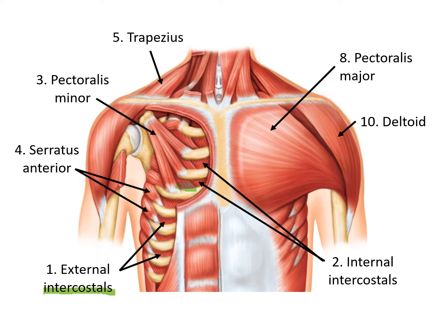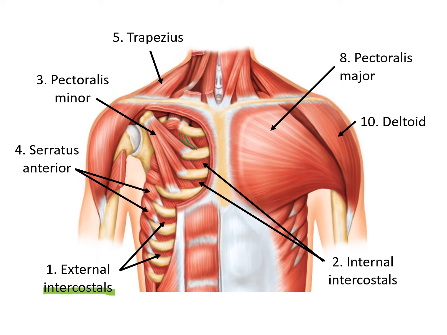So intercostal muscles between the ribs. The external, you may not be able to see very clearly here, but they are superficial to the internal intercostals. The other difference that you can see is the direction of fibers. The external intercostals angle down and in.